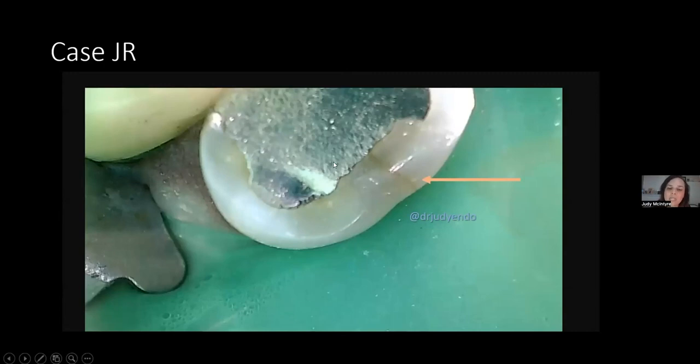I'm making a recommendation not for me to do treatment, for them to seek treatment in your office for full coverage here in this case, so that this crack doesn't further propagate and so that this tooth can be saved. If this tooth continues to be used without full coverage, that crack and that angular defect will propagate and the patient will lose this tooth.